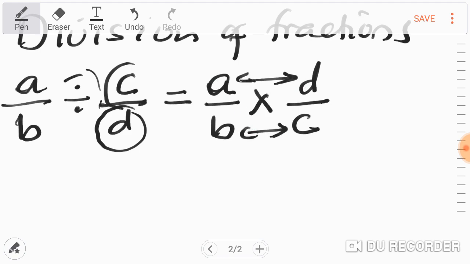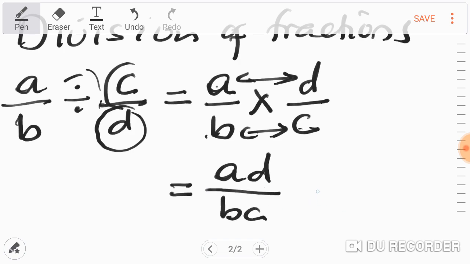You just multiply the numerator by the numerator, denominator by the denominator. And then you will have AD over BC.